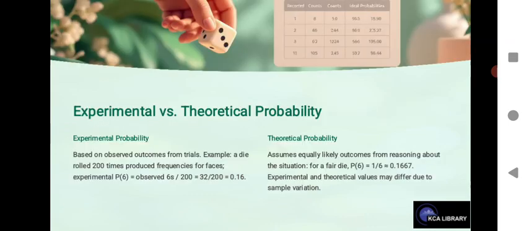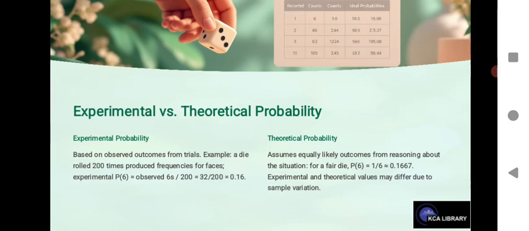Now let's look at the difference between experimental and theoretical probability. Experimental probability is based on observed outcomes from trials. When you practice something, you are trying to experiment. For instance, if I throw a die or toss a coin, a die rolled 200 times produces frequencies for faces.